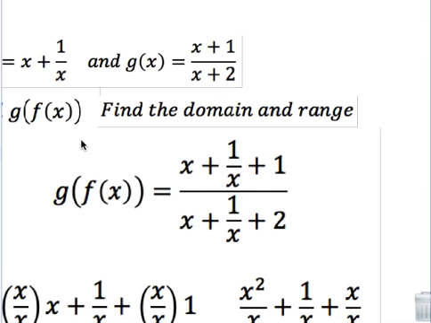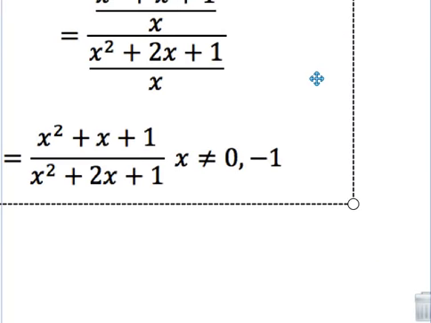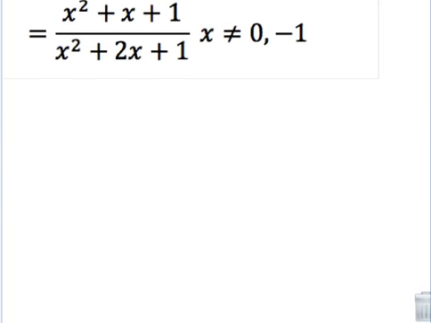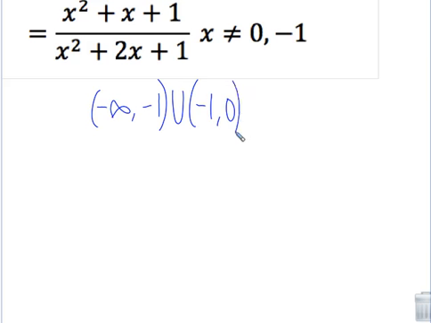So my domain will be x cannot equal 0 or -1, and you would write it out again, starting with negative infinity, stopping at -1, and then -1 to 0, and then from 0 to positive infinity. There's your domain for that problem.